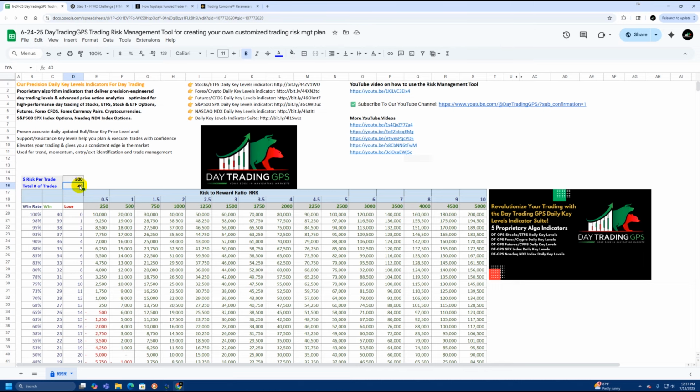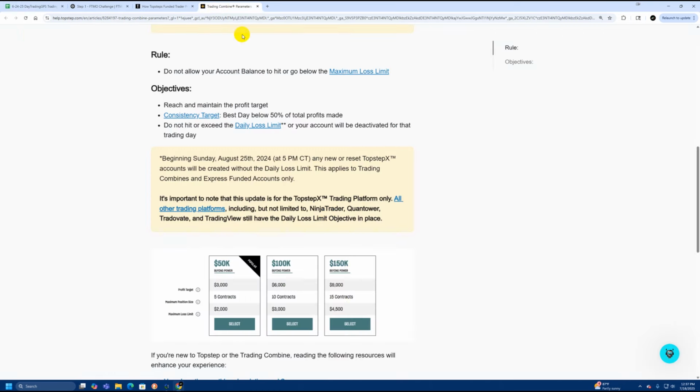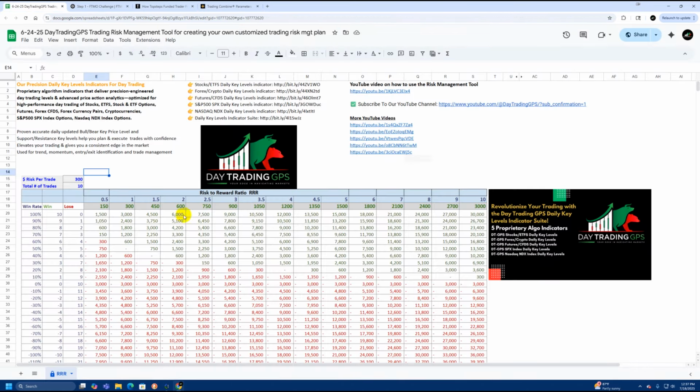We're looking at each period as 5 trading days. And we wanted to take 2 trades a day. That would be 10 trades total. Risk per trade, $300. And now we're looking for our profit target of $6,000.